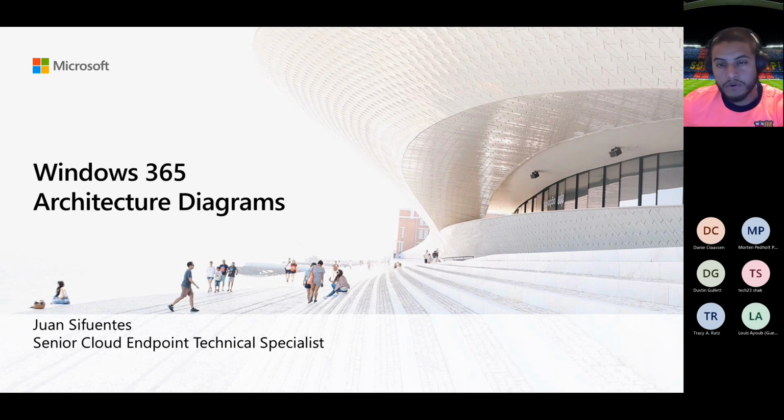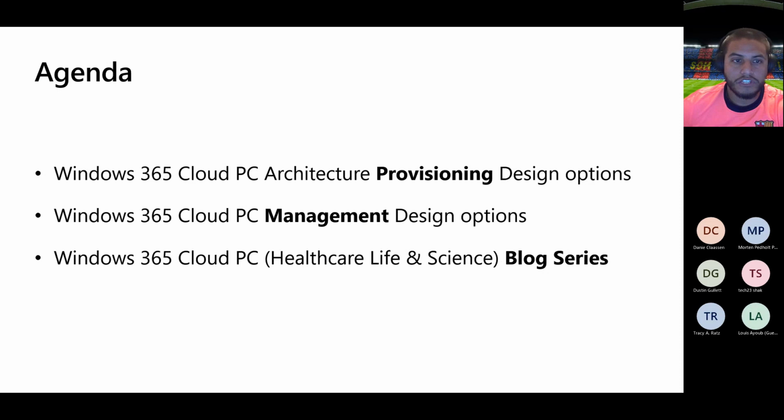What I'm going to be covering today is 3 different parts: the provisioning methods from an architecture point of view for Windows 365, management design options that are available for managing cloud PCs, and a block series that is steered towards the HLS region covering the Windows 365 workload.